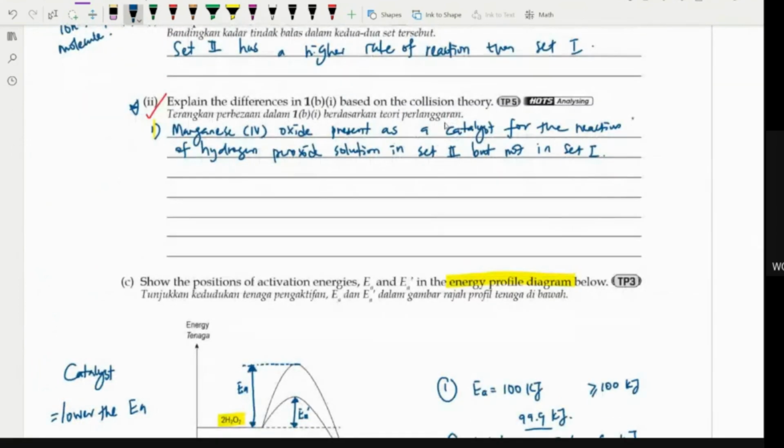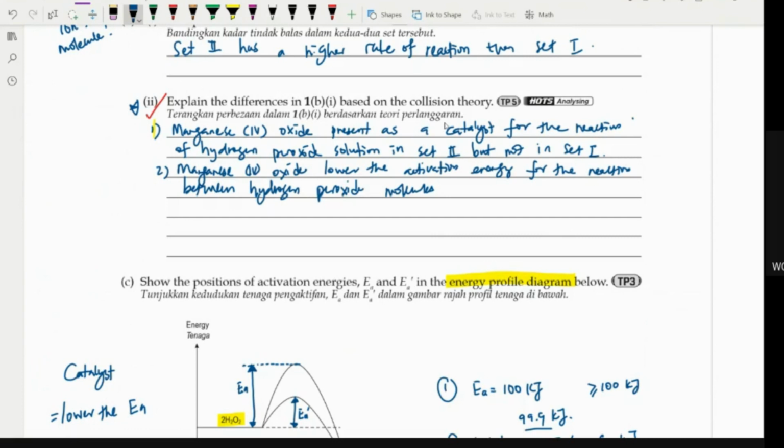Okay, point number 2. So what can the catalyst do? Manganese(IV) oxide lowers the activation energy for the reaction between hydrogen peroxide molecules in set 2.